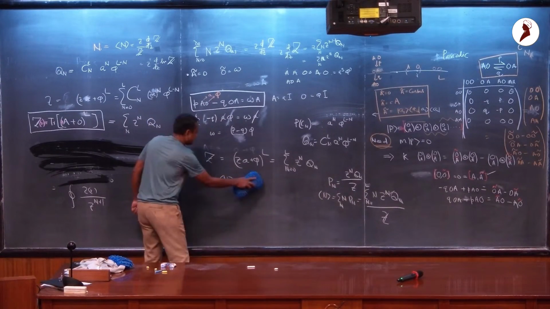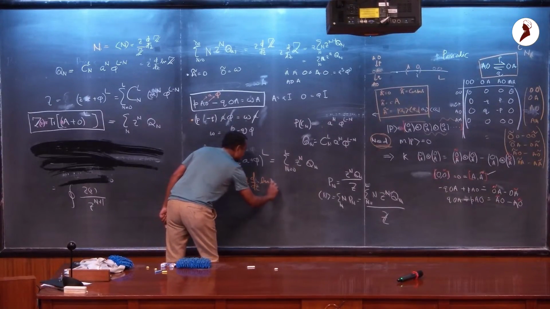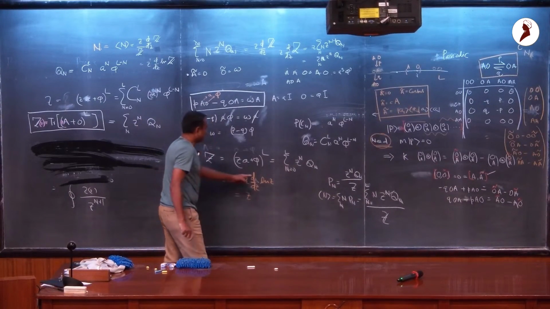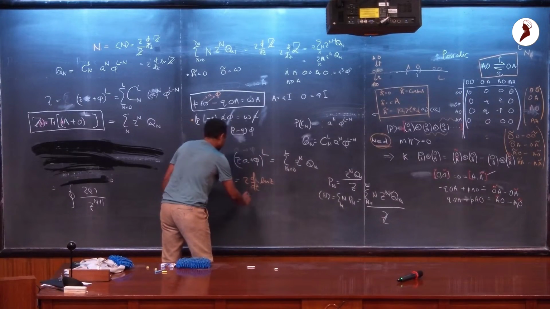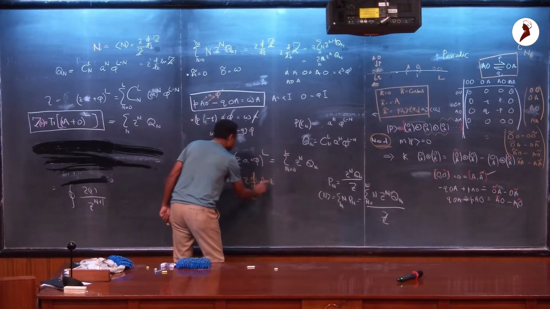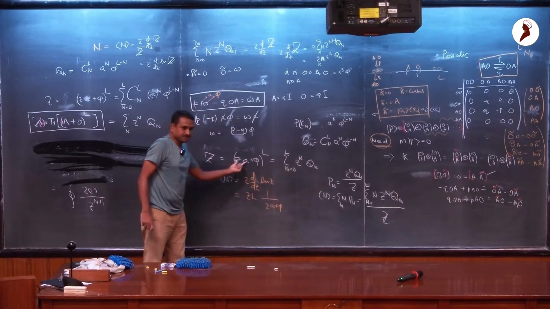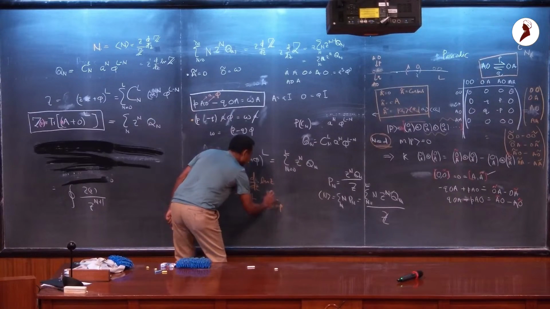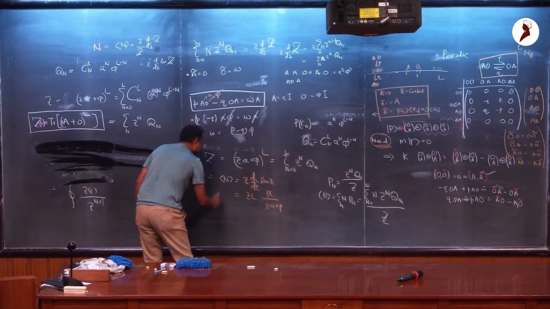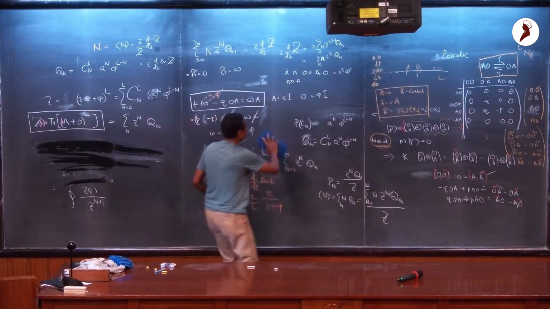Let us calculate n average. n average is z d by dz of log of Z. So this equals z d by dz of log Z, equal to L times log of this, the derivative of log this, 1 divided by zA plus phi, and then the derivative of this is A. Right? So if you want to call density, then n divided by L, so you divide by L.